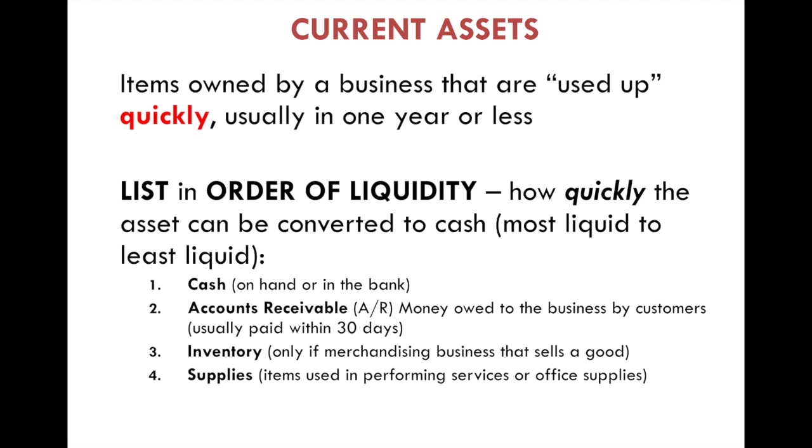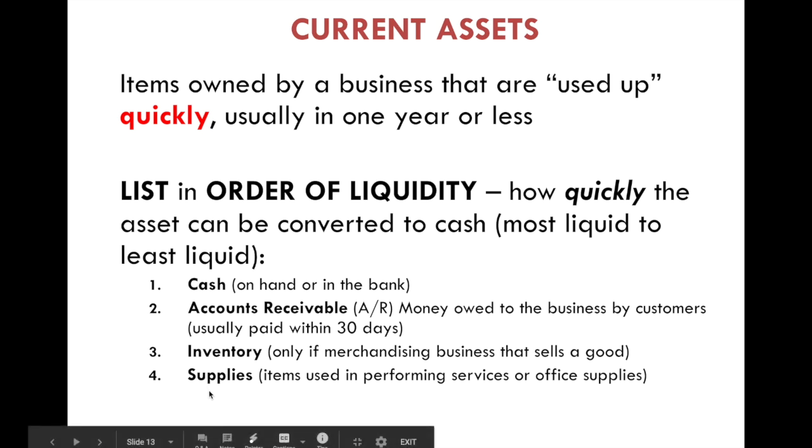And so the standard understanding is that the money will be paid within 30 days by the credit card company to the business. Next is inventory. So this is items that the business is going to sell. So if we sell sandwiches, our inventory would be sandwiches and ingredients.